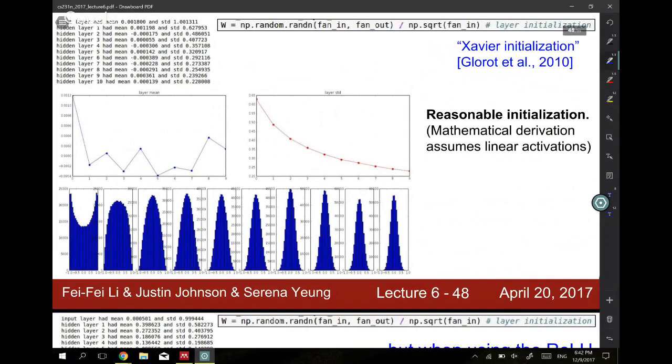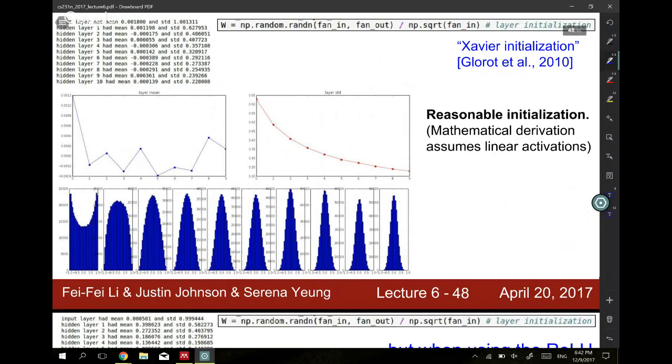Initialization involves some mathematical proof. We won't go into details, but the purpose is to guarantee that the variance of the distribution of the input data is similar to the variance of the output data of each neuron.